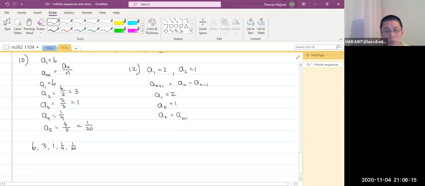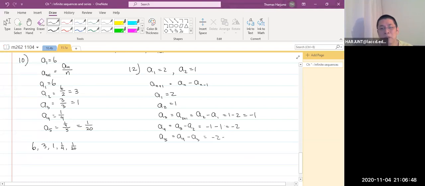That equals a sub 2 minus a sub 1. The fourth term means a sub 3 minus a sub 2. A sub 3 is -1, a sub 2 is 1. A sub 5 will be a sub 4 minus a sub 3. A sub 4 is -2. A sub 3 is -1. And so on and so forth. So this is the recursive one.